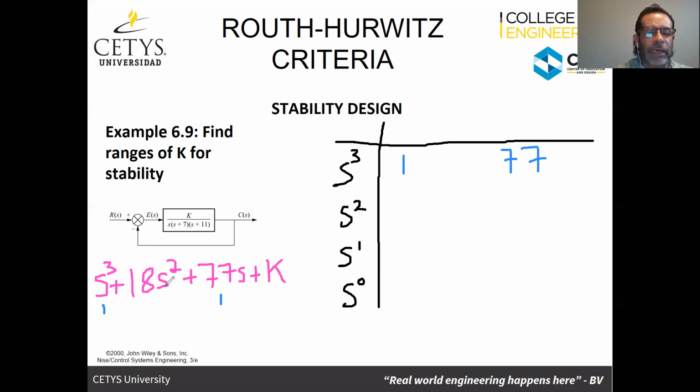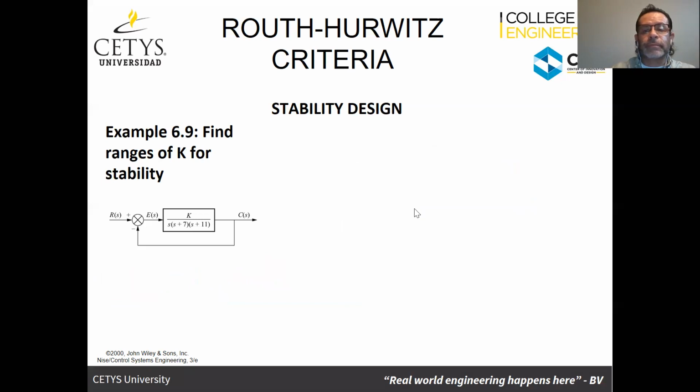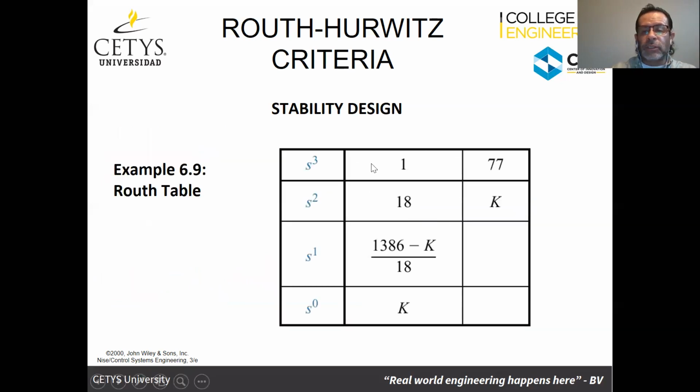And then we're going to have 18 and k on the second row. And notice now that we're going to have a tabulation that depends on k. Okay. And so I'm going to switch over to the next slide that already has the tabulation. And so once we do the tabulation, we're going to have a tabulation that has k in it.